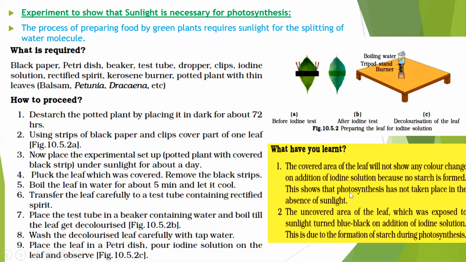This shows that photosynthesis has not taken place in the absence of sunlight. Now, the uncovered area of the leaf, which was exposed to sunlight, turned blue-black on addition of iodine solution. This is due to the formation of starch during photosynthesis.